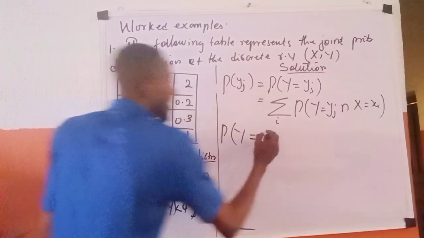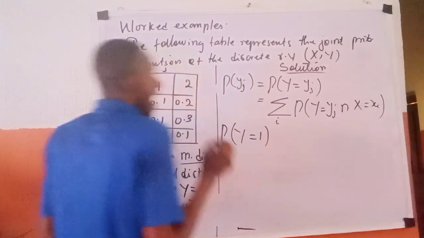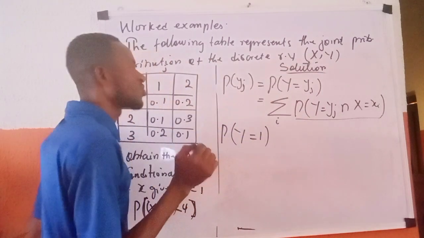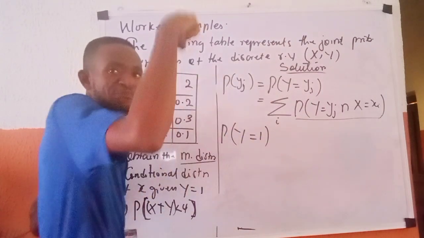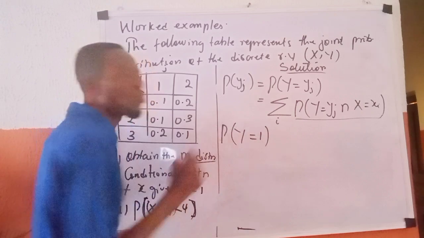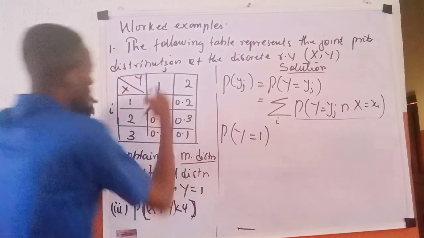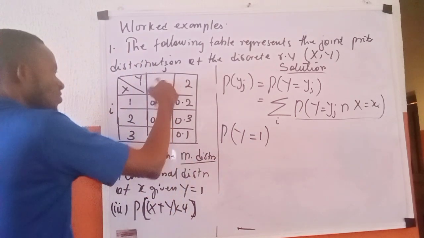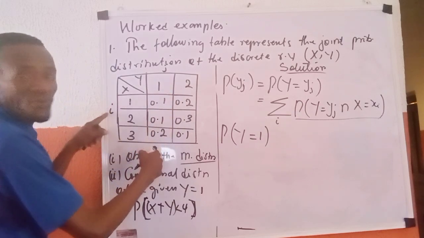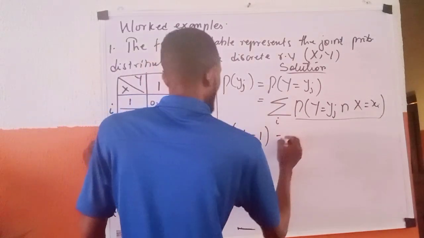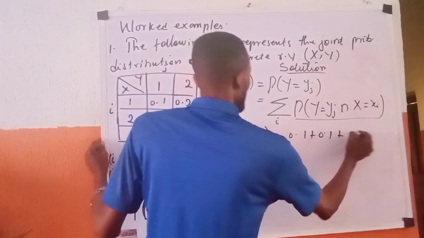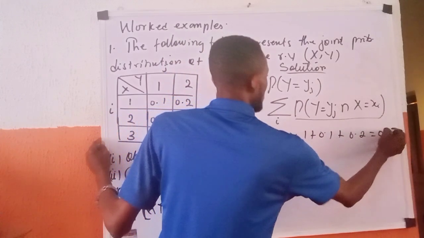So when it takes a value 1, I am going to sum all these probabilities, which are the joint probabilities, at the point where my y equals 1. I will now come here, look at where my y equals 1, and sum these probabilities over i. So this now becomes 0.1 plus 0.1 plus 0.2, which gives me 0.4.